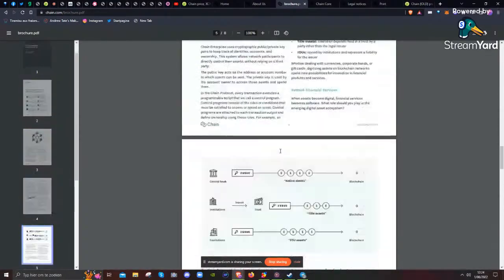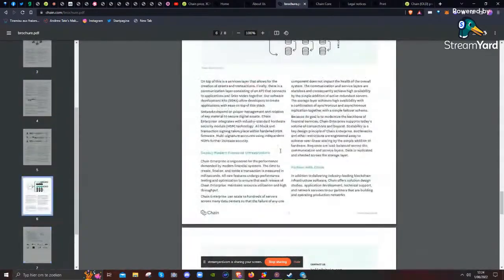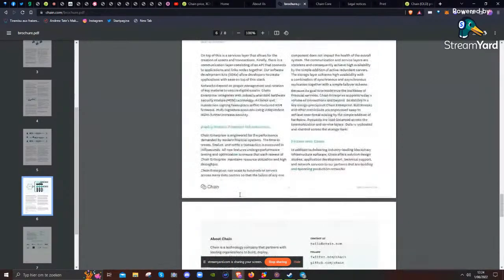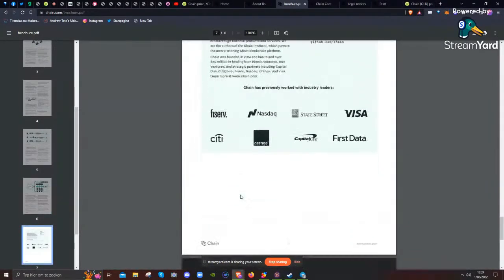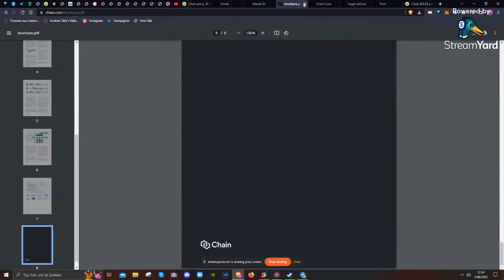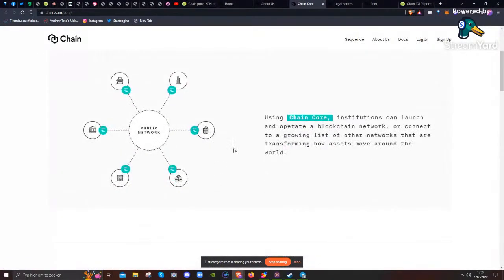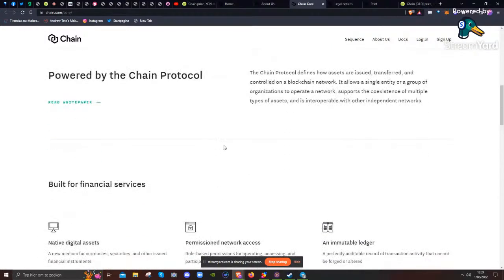Little brochure on what they do. Replication, SDK, signed SM, how it works. Visa. Okay. How to install it. Create a blockchain network. Okay. Blockchain protocol.